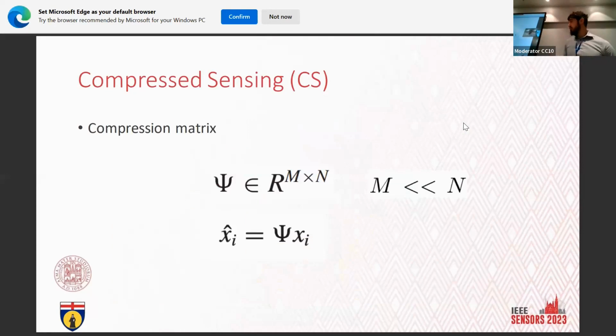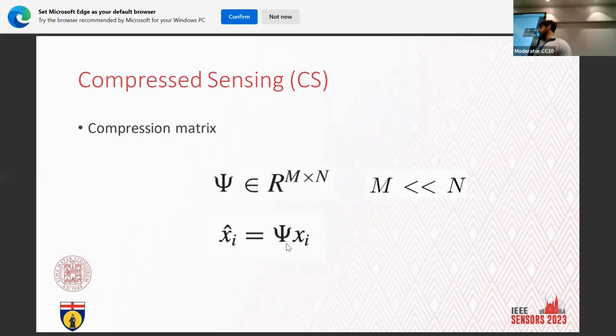In order to do compression, the so-called compressed sensing paradigm has been developed in the literature. In practice, we project our data in a new space with m dimensions, where m is much smaller than n, that is the number of samples that we collected for the original data, with a simple matrix multiplication.